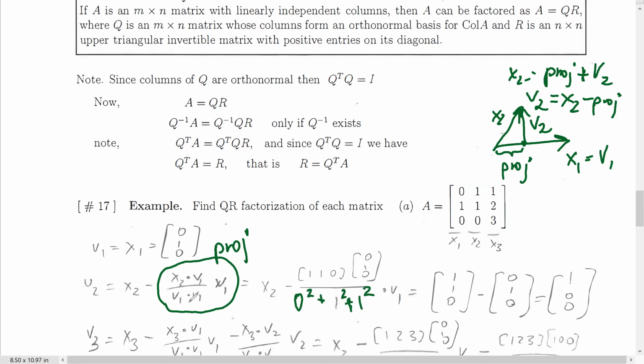That's what v1 dot product v1 is, and it gives me 1. So then you perform the calculation times the vector v1, then you have x2, 1, 0, 0, minus, this turns out this whole scalar is 1, so minus this vector, then I'm receiving that vector, right?